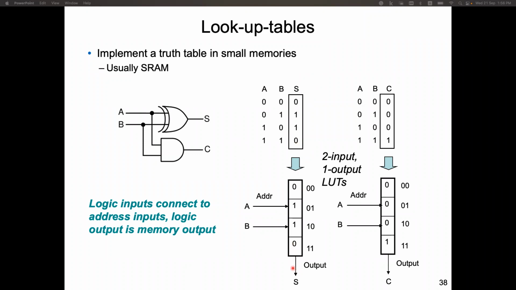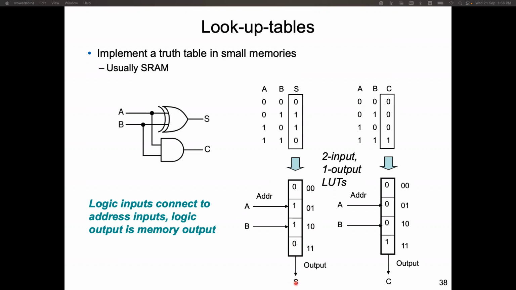Then the input is like an address pointing to a specific location of this memory. If the input is 0, 0, then it will point to the first location and pass this value to the output. If the input is 1, 1, then it points to this location, and the content stored in the memory will be passed to the output.